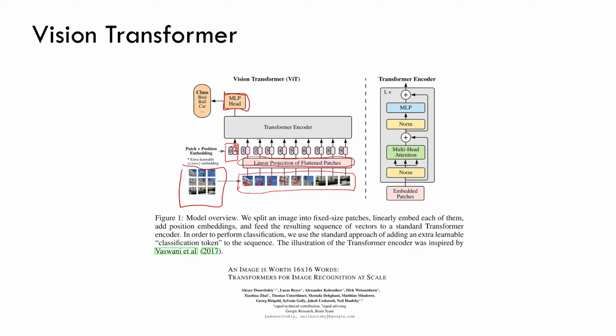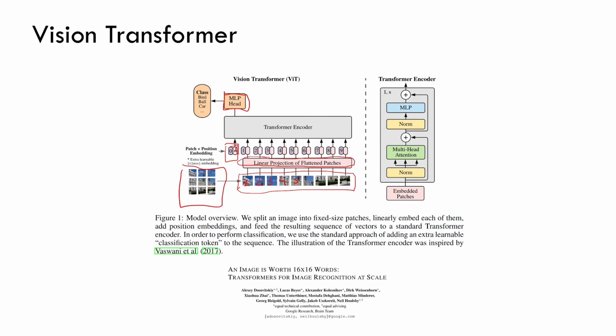Because of the self-attention mechanism, it has interacted with all of the other patches. So this token somehow captures the information of the other patches, and we force the model to convey all this information to this single token. So this is the idea of the vision transformer and of the class token.